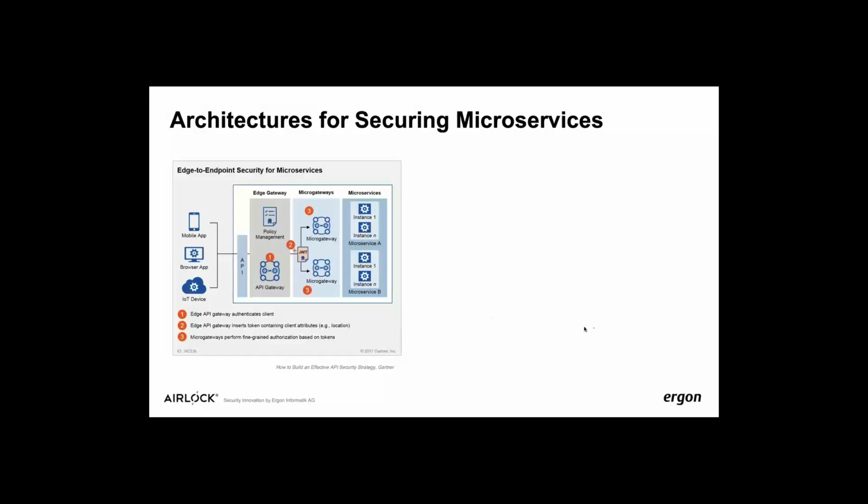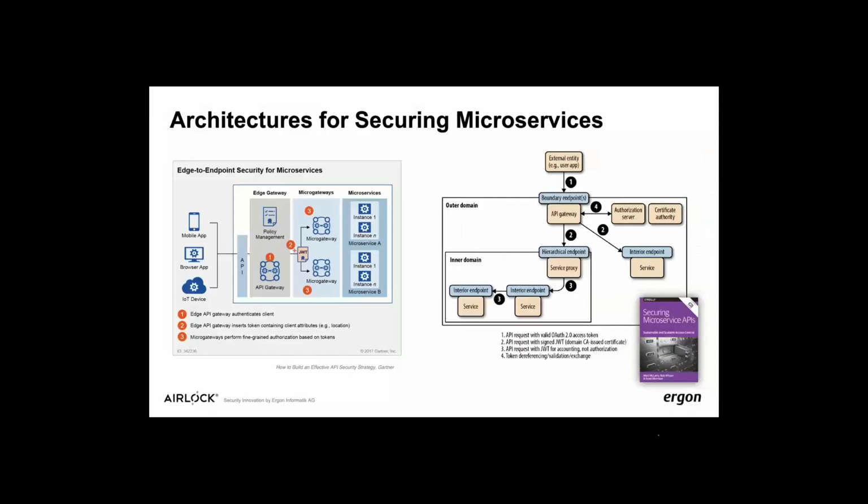The light blue column in the middle, that's actually a new thing. And how are they different? What Gartner says here is that the Edge Gateway is supposed to authenticate clients and then inject a token into the request stream containing information about the client. And microgateways are then deployed closely to the services, and they will simply validate these tokens.